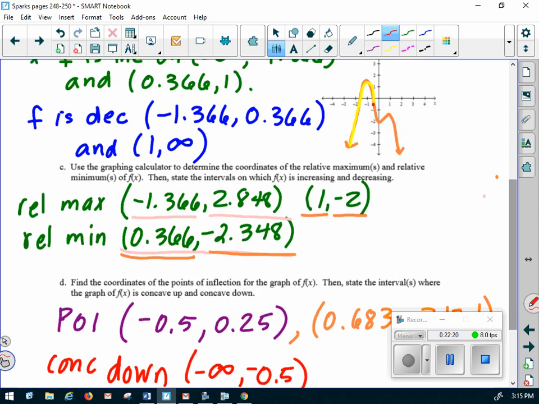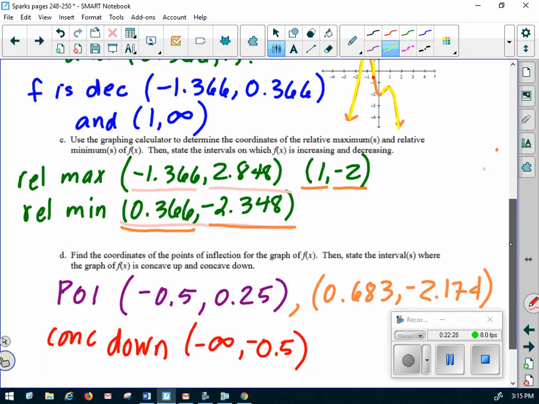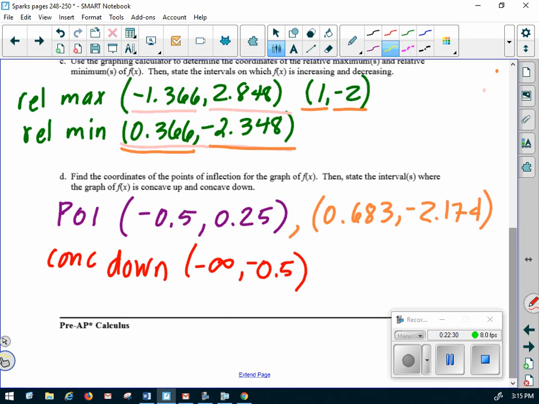Is the graph concave down anywhere else? Yep, concave down in that area. So that x value was this one right here. So we're also concave down from 0.683 all the way to infinity.